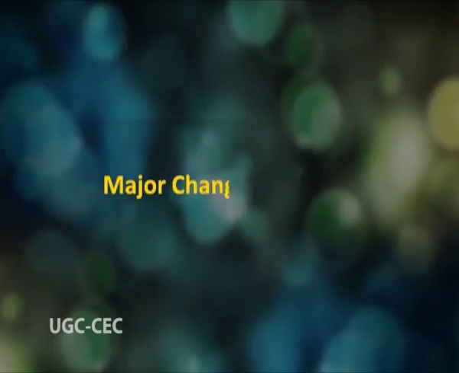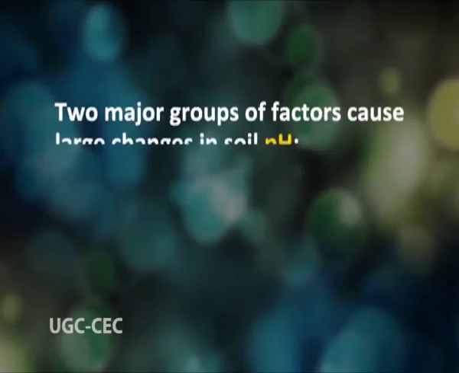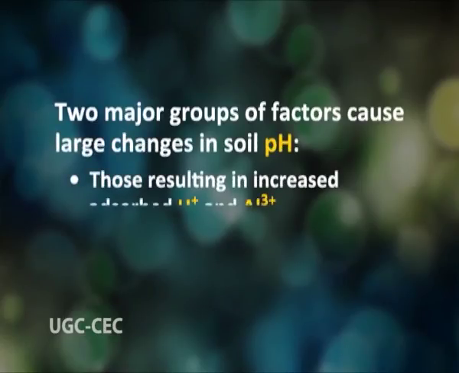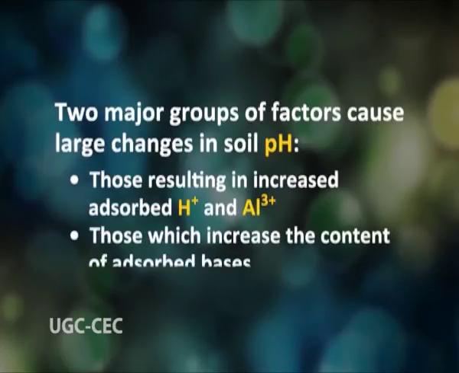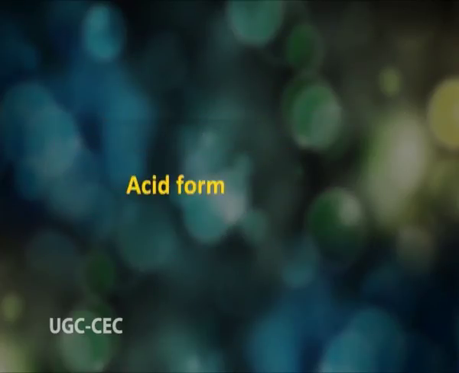Now dear students, the major changes in the soil pH. Two major groups of factors cause large changes in the soil pH. First, those resulting in increased adsorbed hydrogen and ammonium, and those which increase the content of adsorbed bases. First, the acid forming factors.